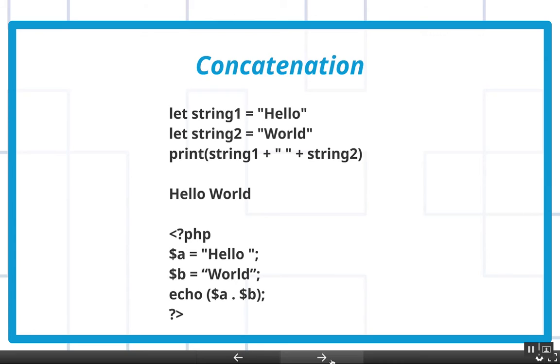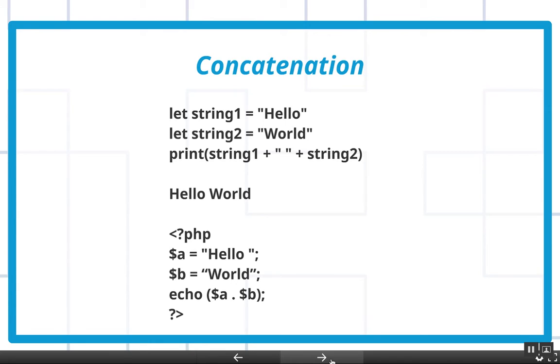If they didn't concatenate that little empty space in there, the two words would have been right up next to each other. So they could have had string 1 plus string 2, and it would have just said helloworld with no space. But the second example is PHP, which uses the period to concatenate. So we have our opening PHP symbol, and then variable A is being assigned hello with a space included after the o.